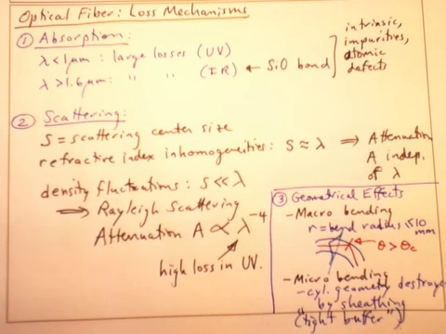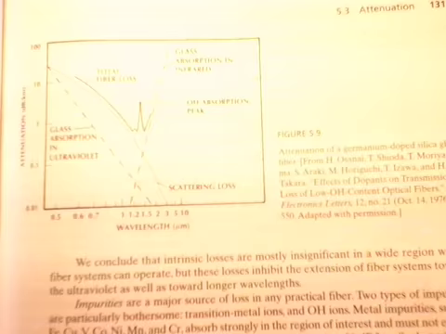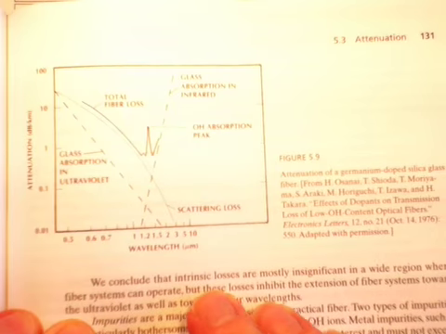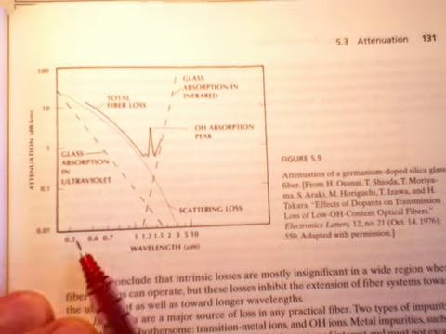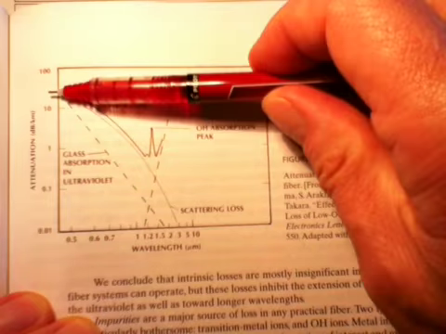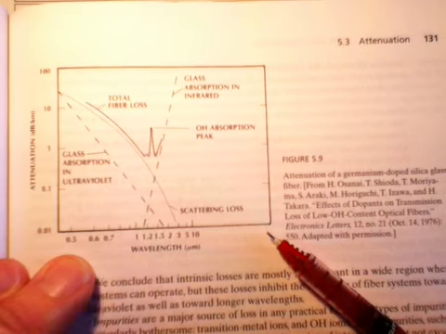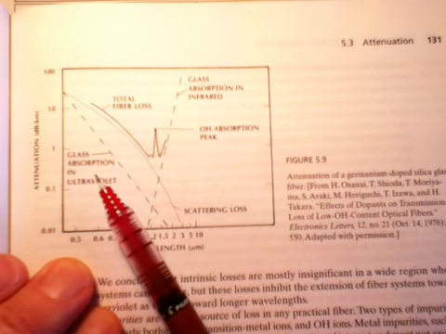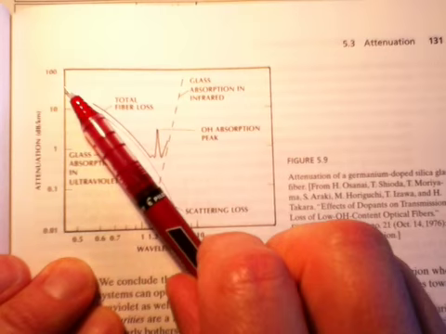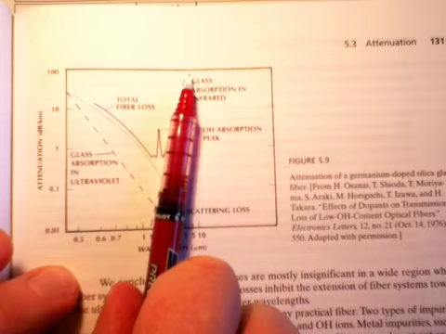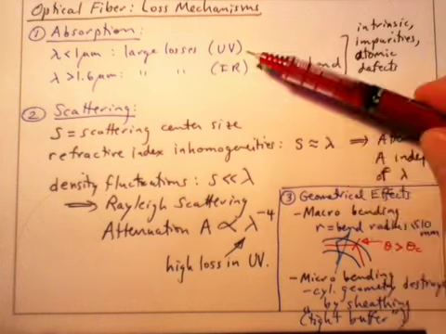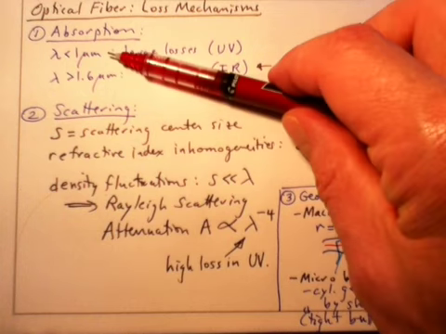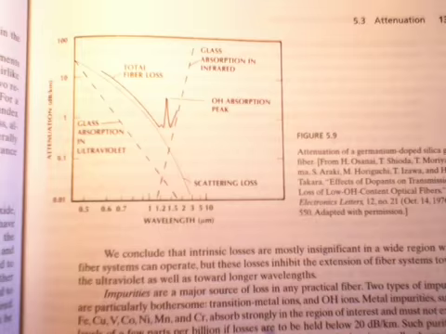Really the place to go to get the nice summary of this is figure 5.9 in the text, which shows attenuation as a function of wavelength, both on logarithmic scales, showing that at short wavelengths we have glass absorption in the ultraviolet, and at long wavelengths glass absorption in the infrared. That was the first effect I talked about, absorption, which occurs at both longer and shorter wavelengths, leaving us that window in the 1.6 micron range.